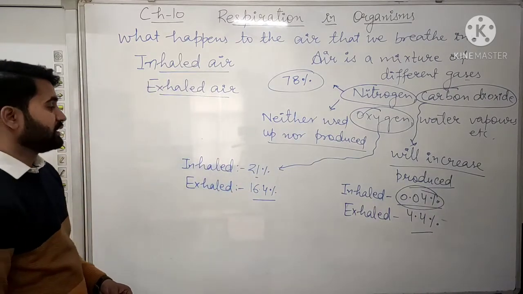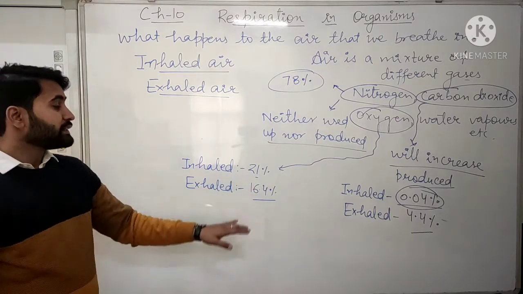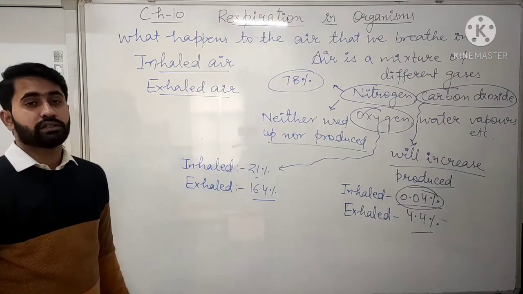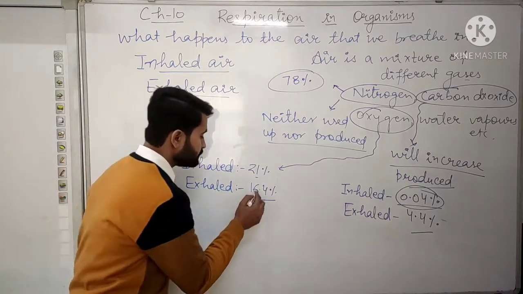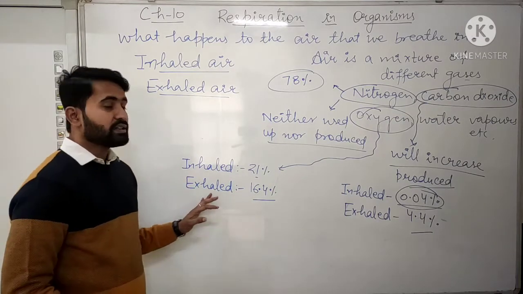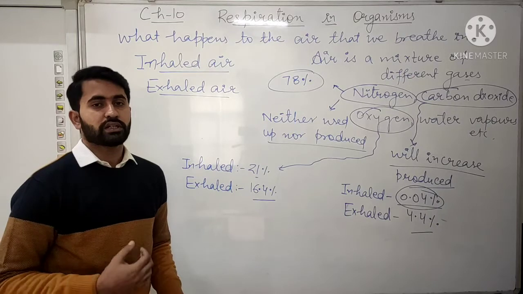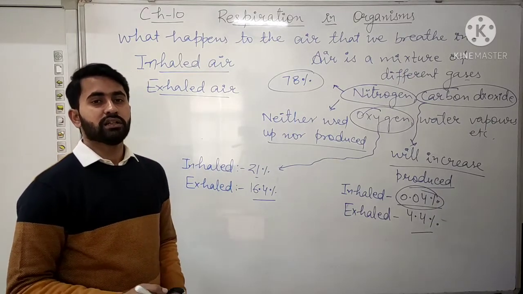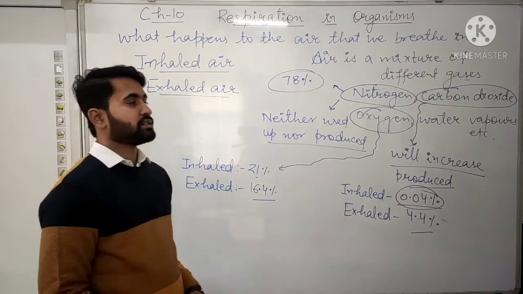So we can see here that the inhaled air contains more oxygen as compared to the exhaled air. Now this decrease in oxygen is because some amount of the oxygen is used in aerobic respiration in the cells. So that's why its amount is getting decreased.